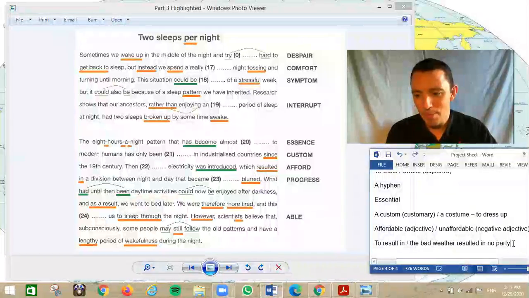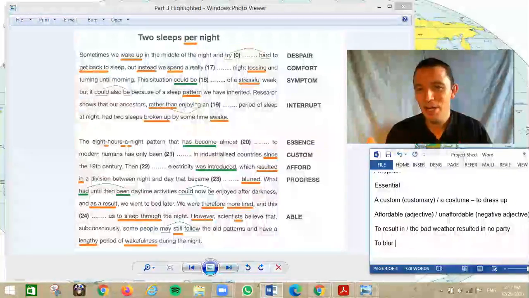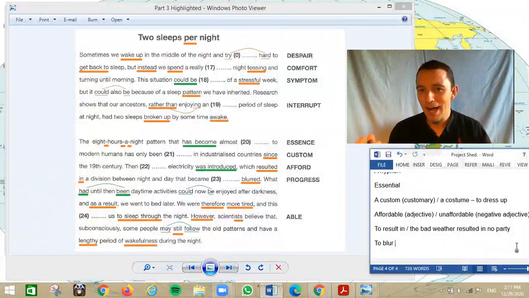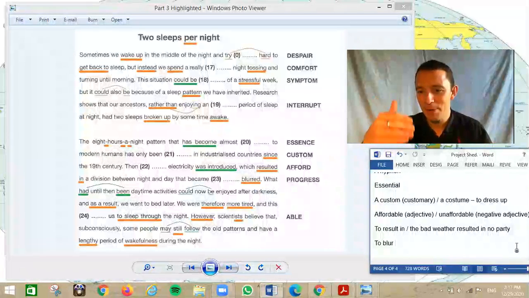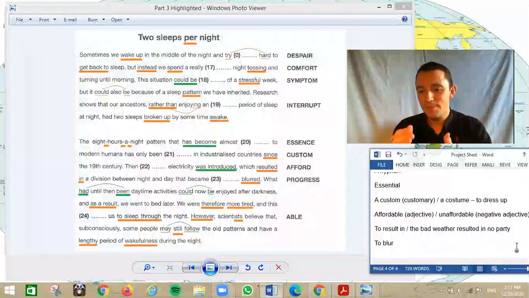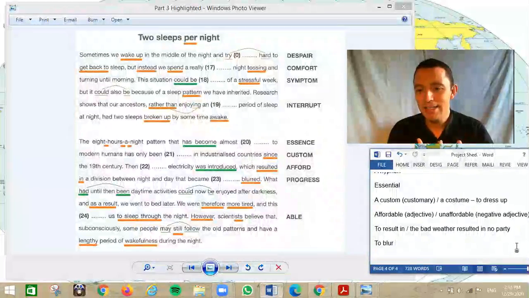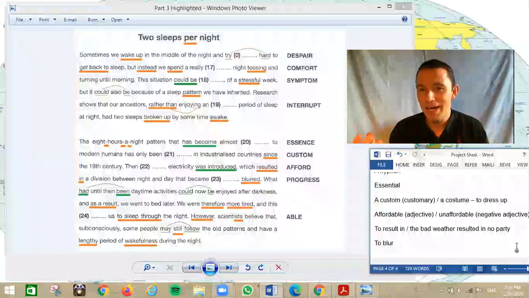So there is a verb to blur, and it's related to the television. When the quality of the image of the television is very bad, remember yesterday, imagen in Espanol, in English we say it's very blurry, okay? So for example, if you have a bad memory and you say, oh, last weekend was a blur, I cannot remember anything.